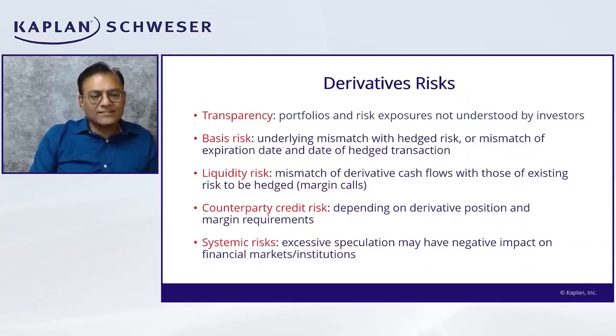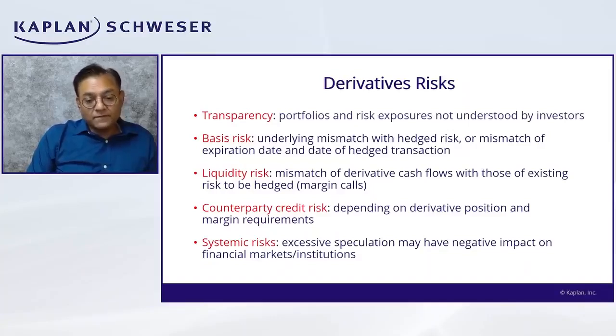Finally, the last one is systemic risk. Systemic risk arises because of excessive speculation, such that even if it is exchange traded, or even if there is a central counterparty, the margins may be insufficient if there is excessive price movement in the market. If the prices jump, remember there is a price limit specified for an exchange traded contract, a daily price movement limit.